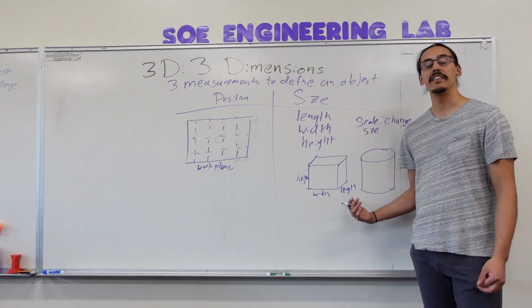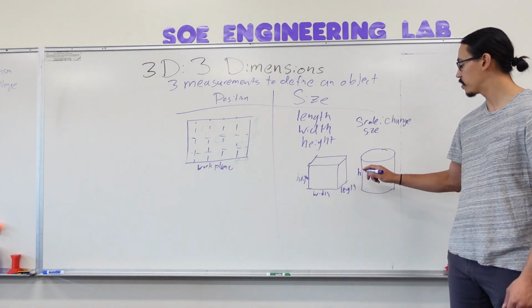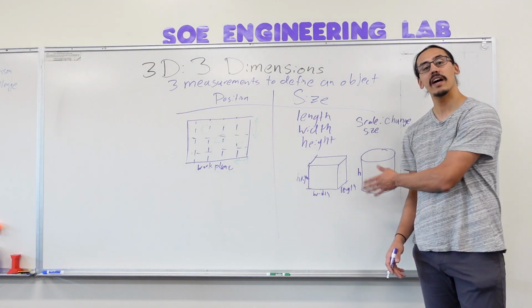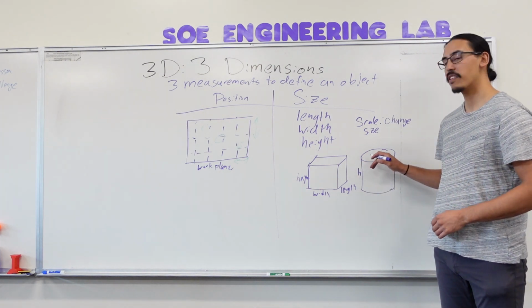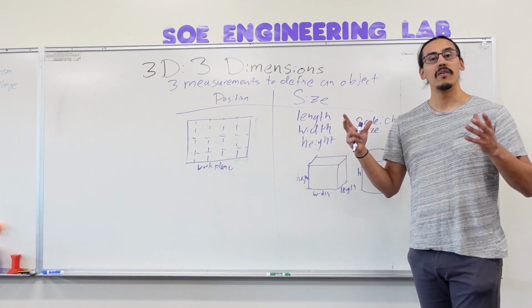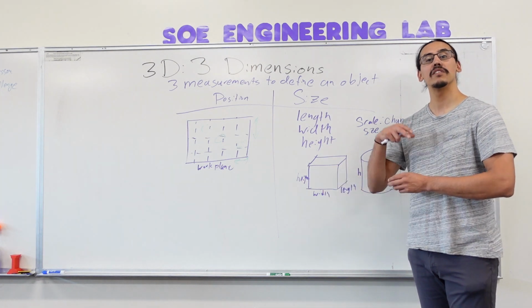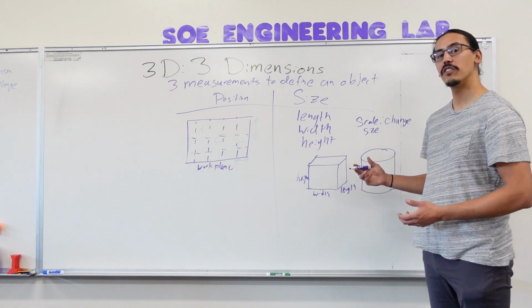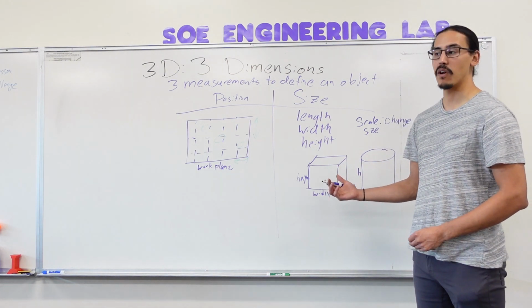So if we look at a cylinder, we still have a height. I'm just going to label that H. So we still have a height, but when we try and do length and width, well, it's a circle. It's the same in every direction. So instead of saying length and width, we can just say diameter. And diameter is how wide a circle is across.